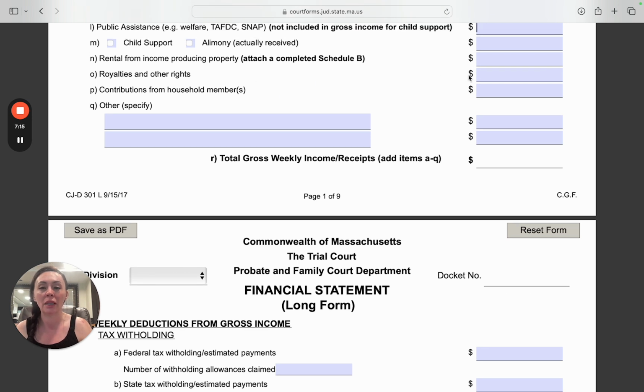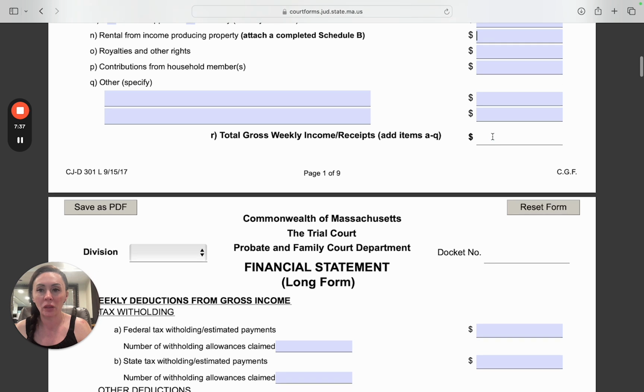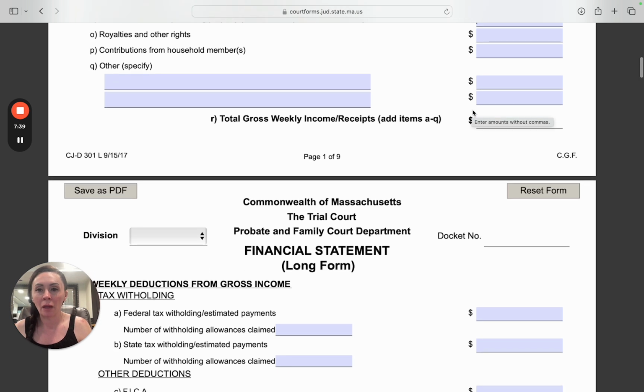Rental income from income producing property. If you have rental income of any sort, again, rents are paid monthly. So you're going to have to complete a Schedule B. There will be a video on my YouTube channel, if there isn't already, on how to complete a Schedule B. So keep a lookout for that, if that applies to you.